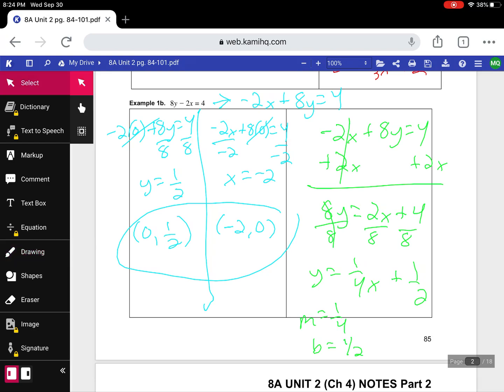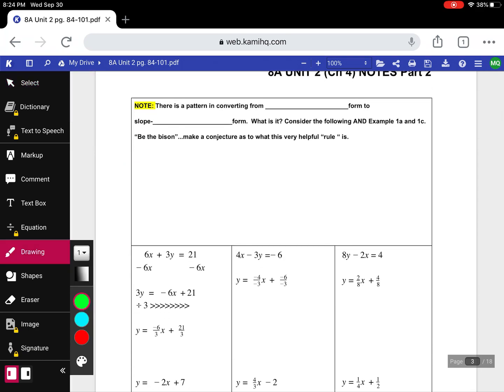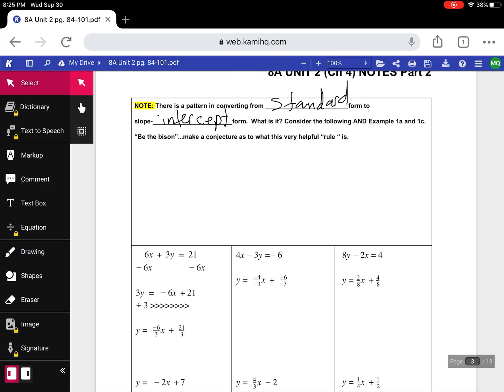Okay, moving right along. This is all good and fine, but now that we're in algebra, I'm going to teach you a shortcut. Okay, so there's a pattern in converting from standard form to slope-intercept form. If you've looked at the previous examples, let's look down here for a second.